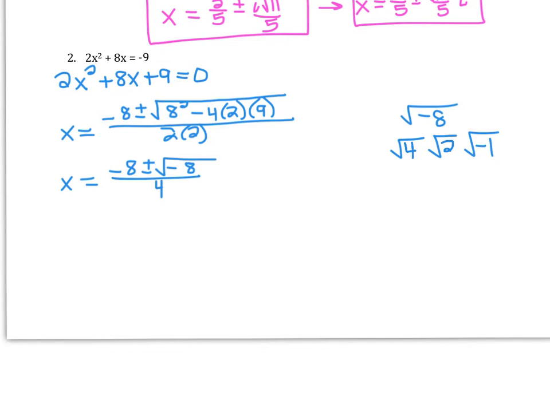All right, and since the square root of 4 is 2, and since the square root of negative 1 is i, I can rewrite this as 2i radical 2. So where I see this radical negative 8 in the problem, I'm going to replace it with 2i radical 2.